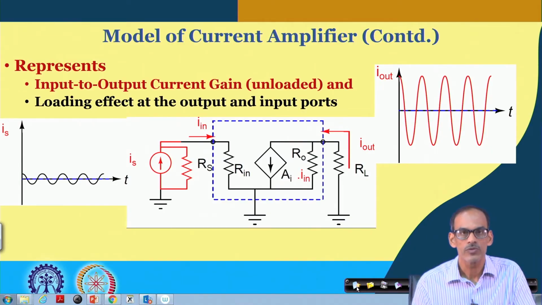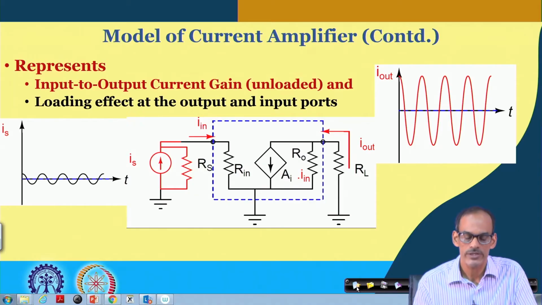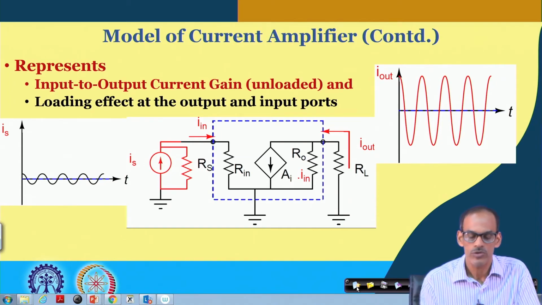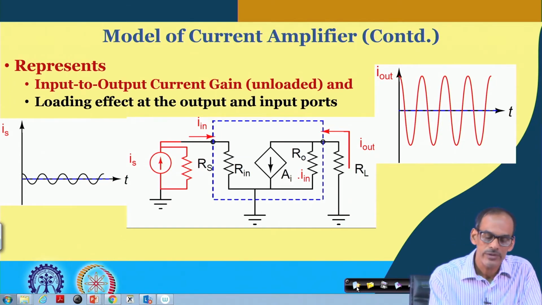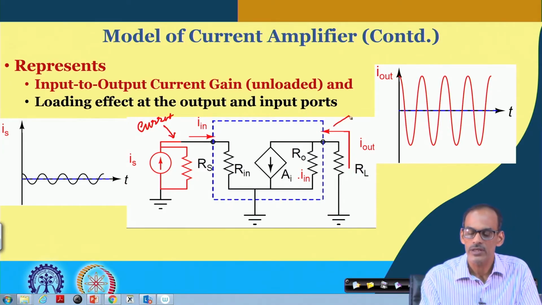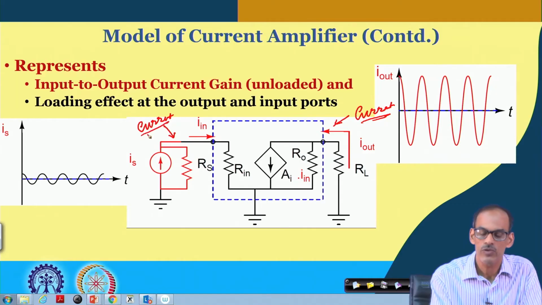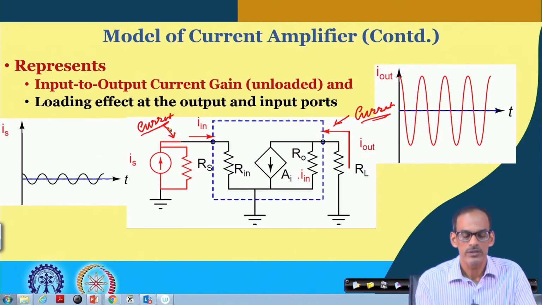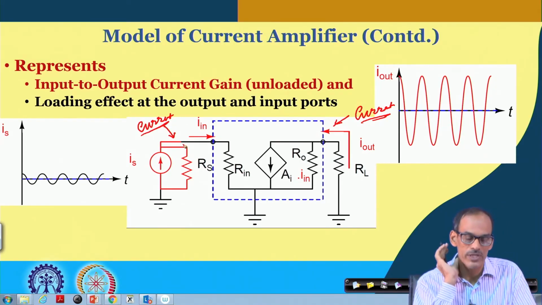We have discussed the voltage amplifier and also the current amplifier. In the current amplifier, the signal at the input is current and the signal at the output is current. But there may be a practical situation where the signal is not always of the same nature.